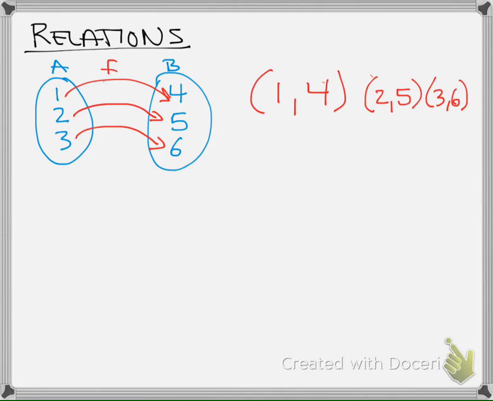Each one of these points have an x value and a y value. Or they have an input and an output. They also have what we call a domain and a range.